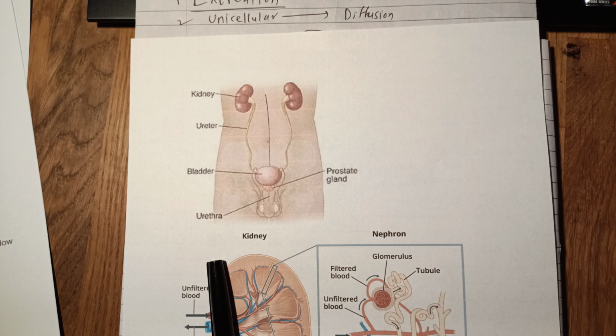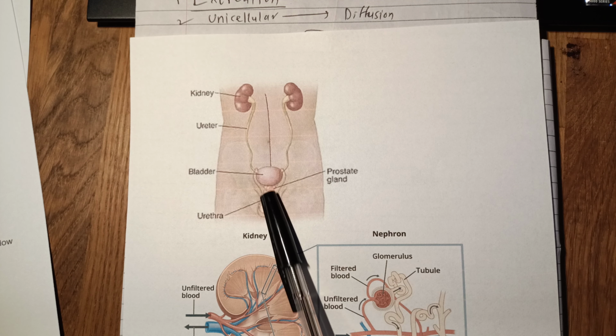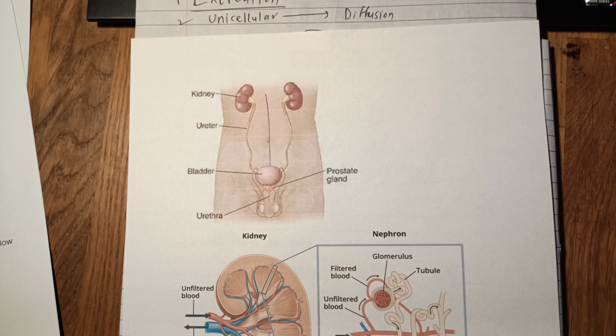And then when a convenient time and place is available, the human being can voluntarily pass the urine out of the body through the urethra. So that's the urethra. These are the basic anatomical structures of the human excretory system.